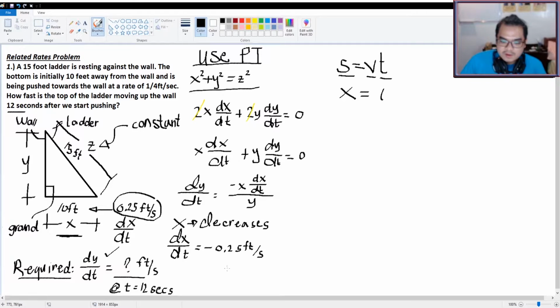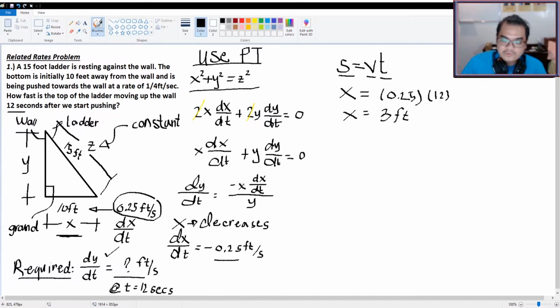It must be negative, but you can neglect the negative for now because we're just looking for the magnitude. So we use 0.25 times 12 seconds. Therefore, x is 12 divided by 4, that is 3. So it will become 3 feet after 12 seconds.